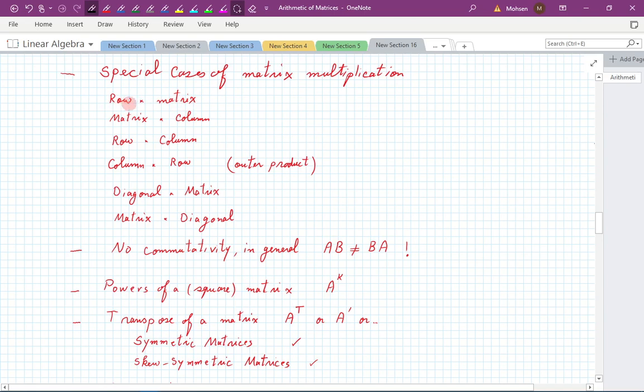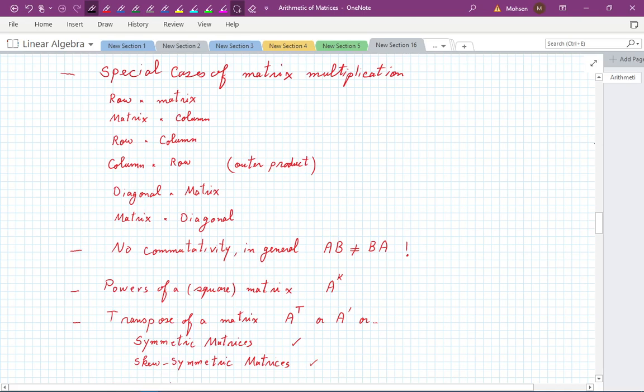For example, just a row times a matrix, or just a matrix times a column, or a row times a column, or a column times a row, or a diagonal matrix times an arbitrary matrix, or a matrix times a diagonal matrix, and so on. So we have a long list of these little practice points that we are going to go through, and then we are going to mention a set of ideas that are in connection to this.